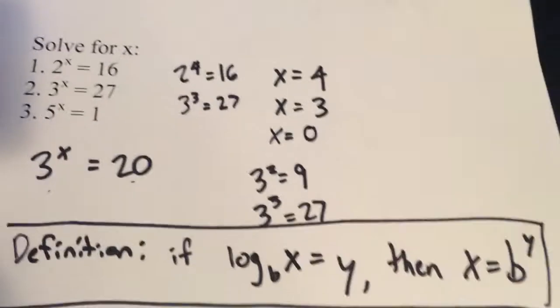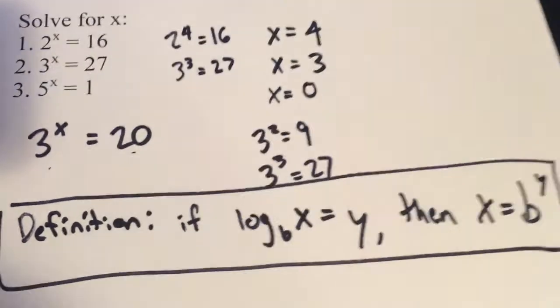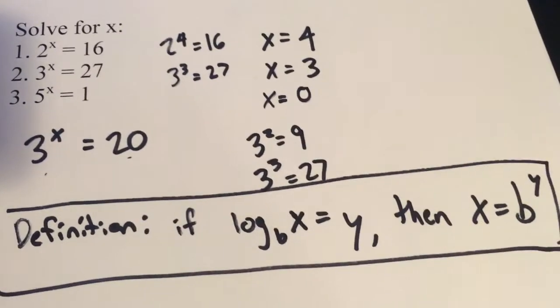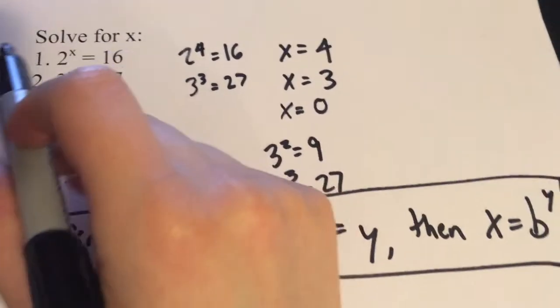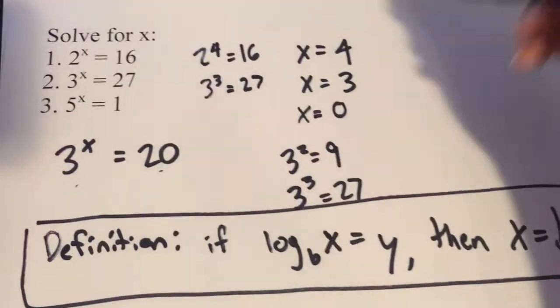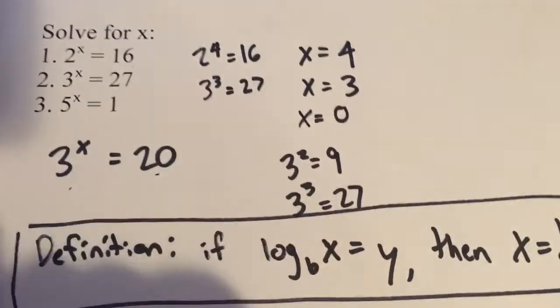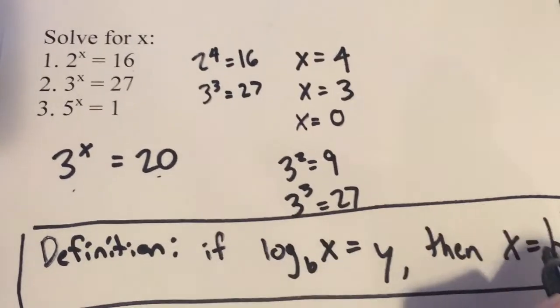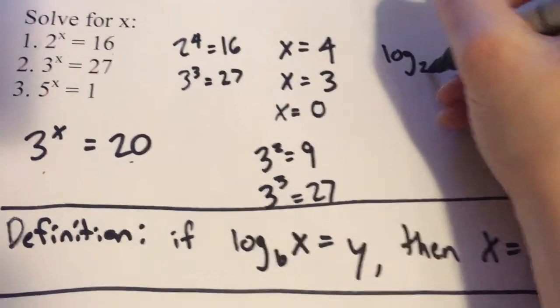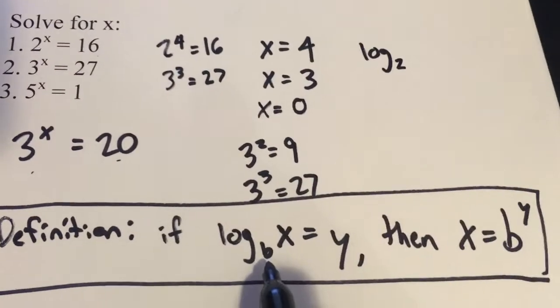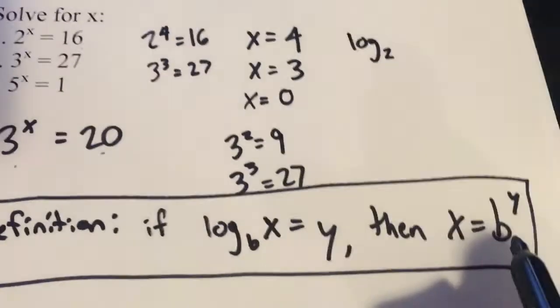So we could go up and rewrite each of these equations using a log. This equation says 16 equals 2 to the whatever. Instead, we could write log base 2, putting the 2 where the b is, because the 2 is the b.